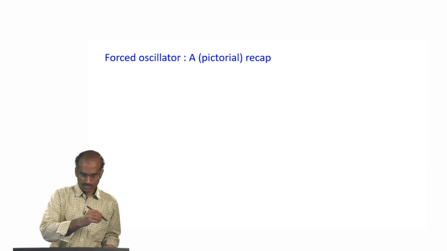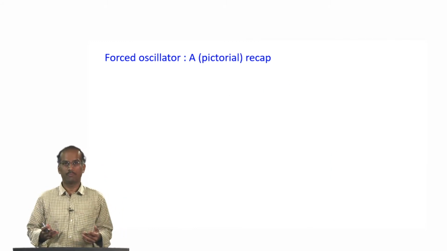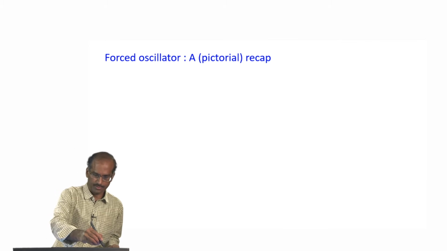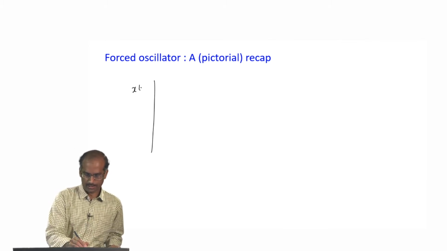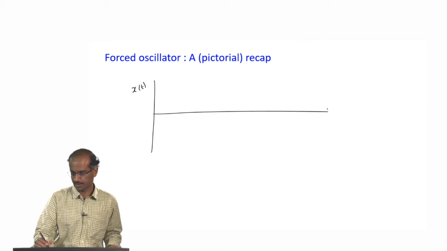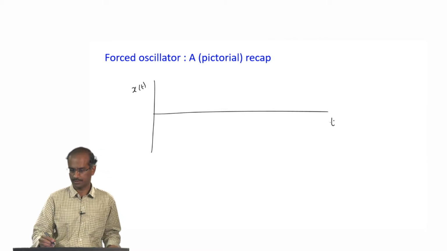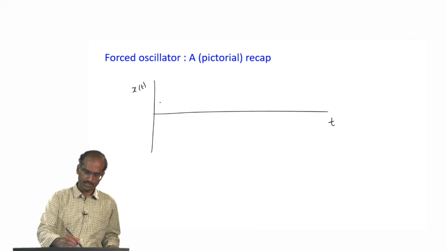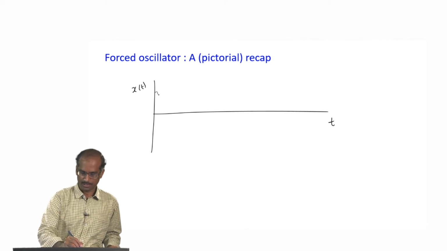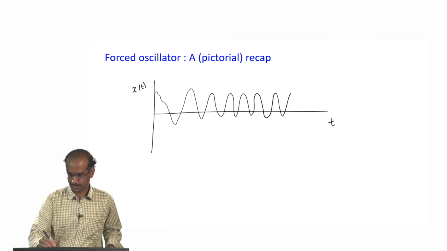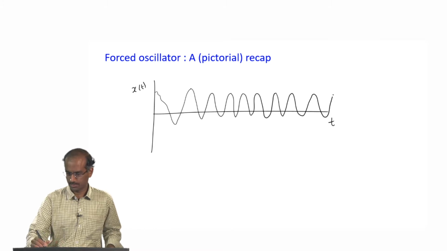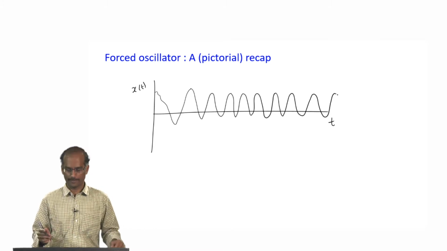Just to show how it might look physically, let us quickly plot the solution. X as a function of t, plot it against t. What you might see is something that initially looks very different, but finally you will notice that it is settling to some oscillation whose frequency is the same as omega.